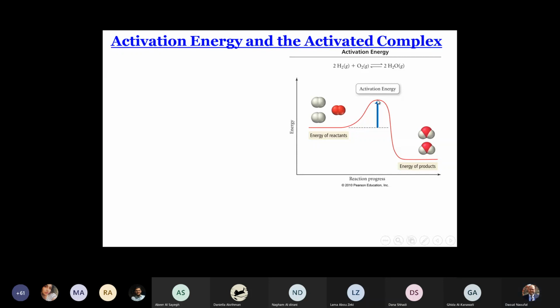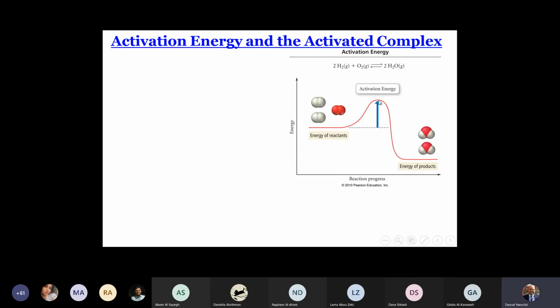From the beginning, from this point to the top, we don't have a product formed. We have only reactants in collisions. So the energy will reach a maximum, then the energy will decrease due to the formation of water molecules.